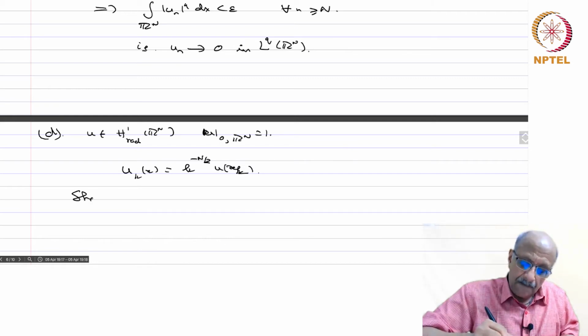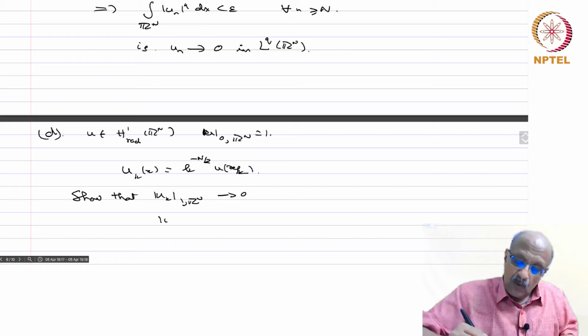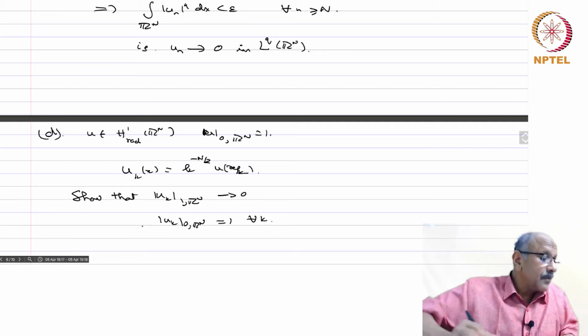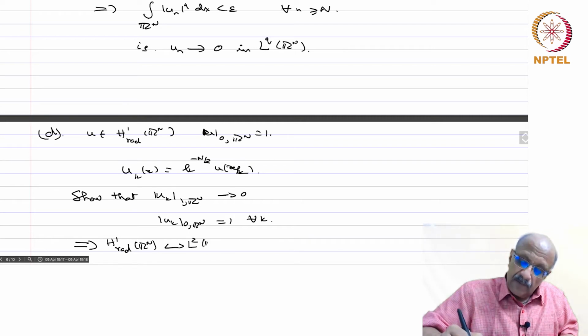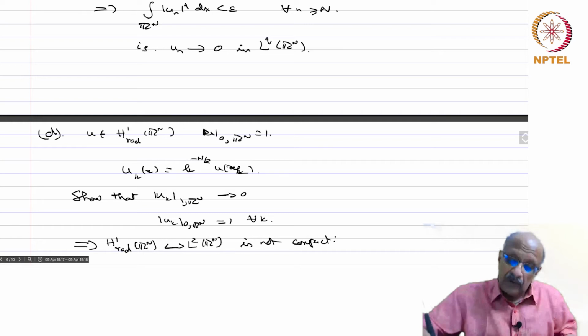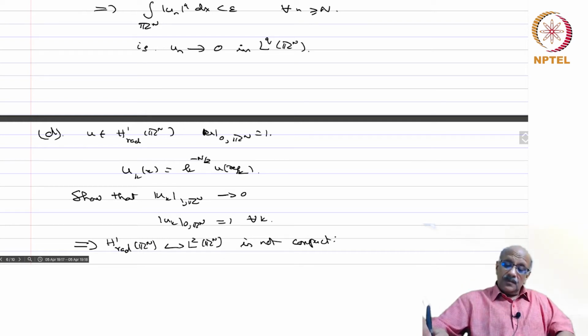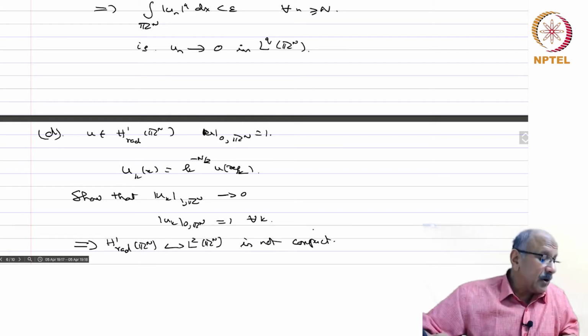Then show that the H^1 norm of u_k goes to 0 and the L2 norm of u_k equals 1 for all k, and that will imply that H^1_rad(Rn) in L2(Rn) is not compact, because this u_k will go weakly to 0 in H^1_rad, but then it will not go in L2_rad because its norm is completely 1.